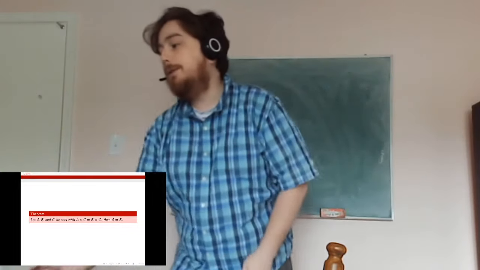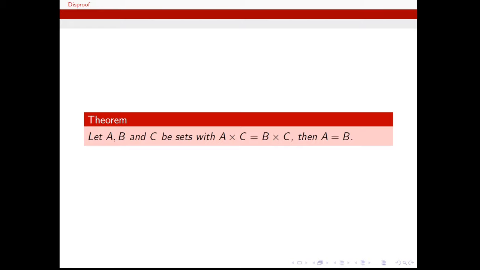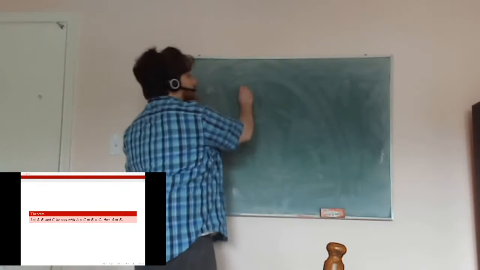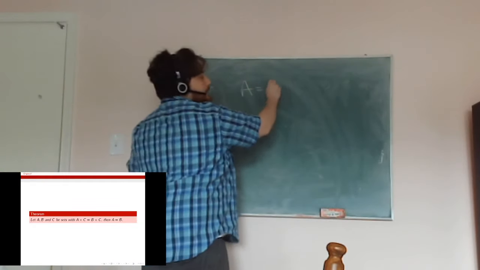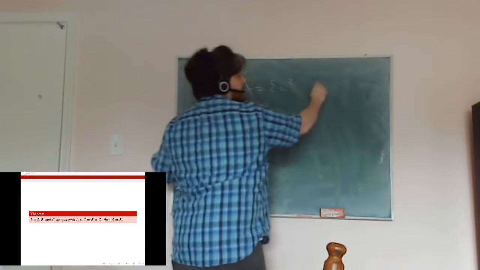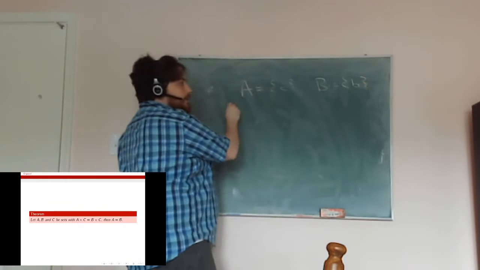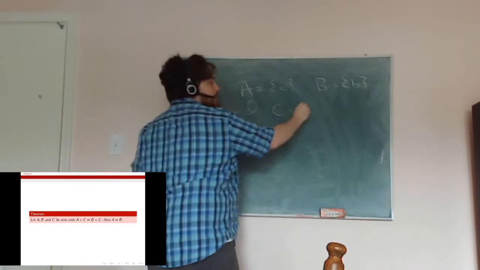So just to bring back the theorem real quick, we said let A, B, and C be sets. Then if A cross C is equal to B cross C, we have to have that A is equal to B. What we're going to do then is give an example. So our proof would look like: let A equal the set A, B equal the set B. If you'd like to, you could use 1 and 2 here, and C equal the empty set.